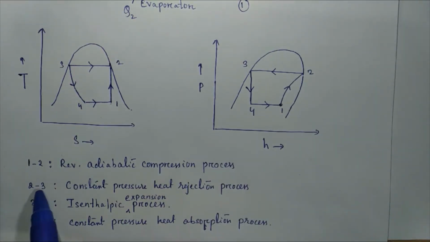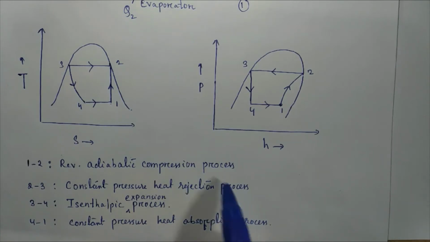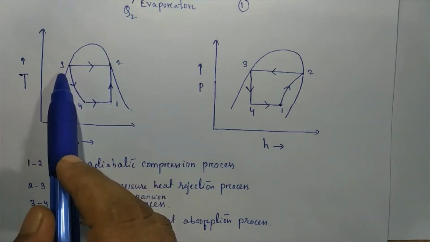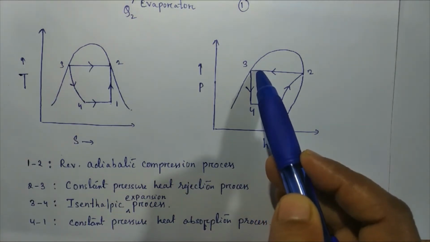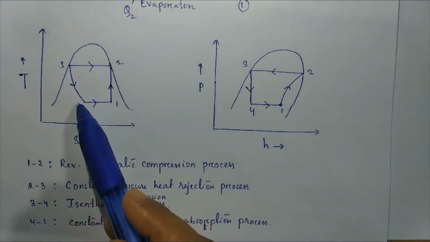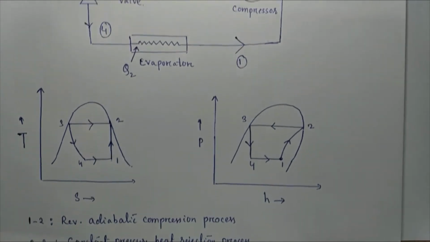Next is the 2 to 3 process, that is the constant pressure heat rejection process. During this 2 to 3 process, the heat rejection takes place. Next is the 3 to 4 process, that is for the expansion valve, or you can say the throttling valve.